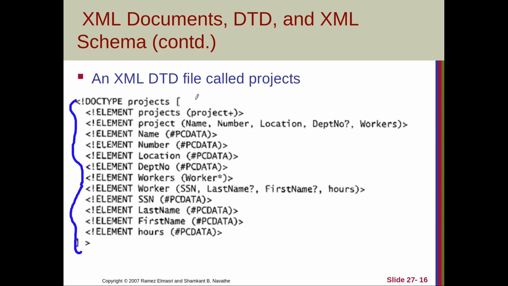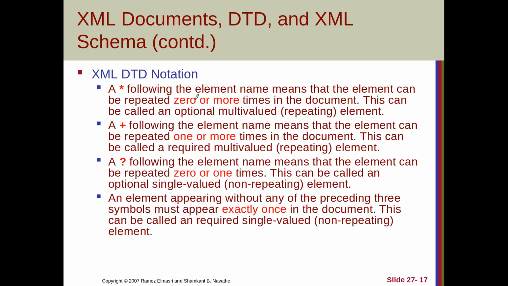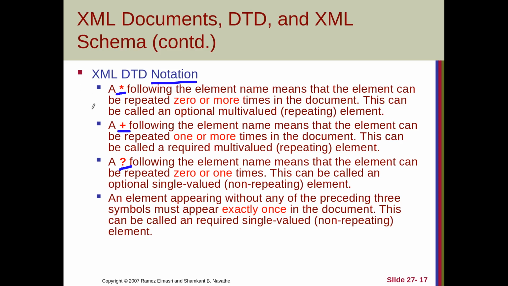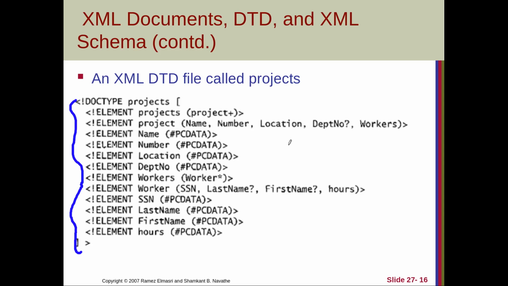Now we will see some more description of the different elements present in this XML DTD, the different notations used in XML DTD. We have seen some symbols like star, plus and question mark. They are having some meanings. First, the description for star. Where I have given a star, we can see here workers.